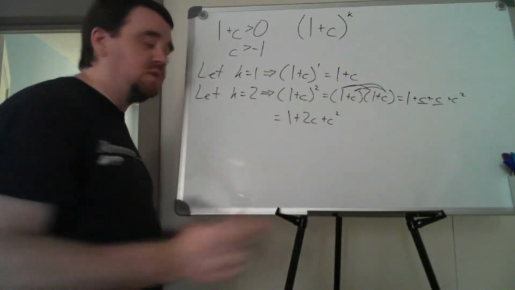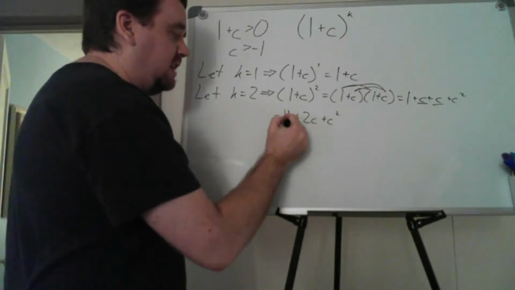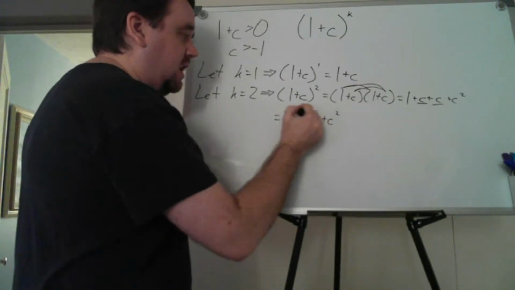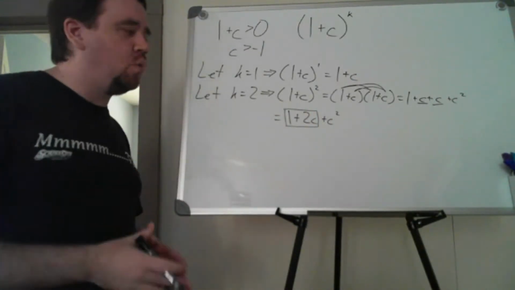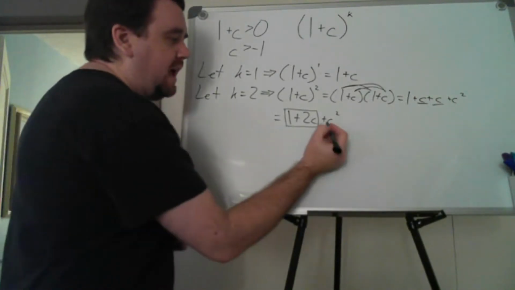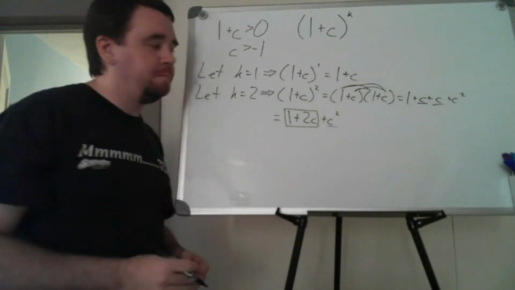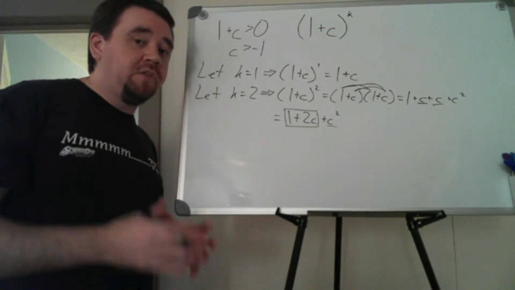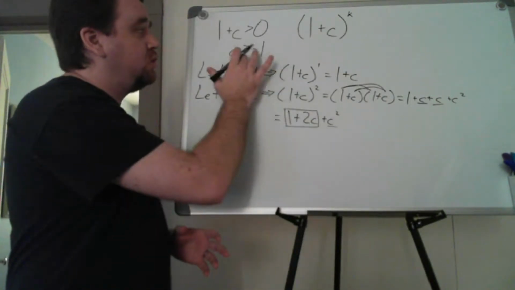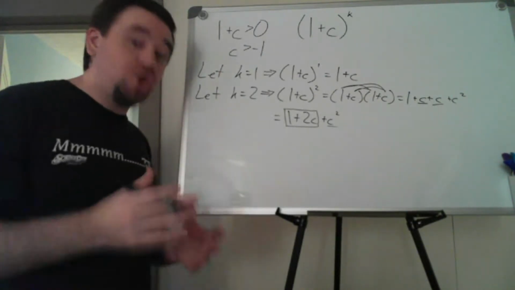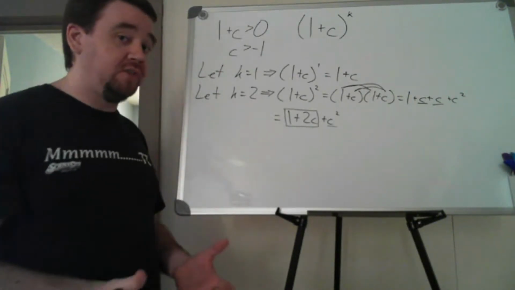And now what I'm going to do is set this aside in my mind, and I want to know what's being done to this portion. What's being done to 1 plus 2c? Well, I'm adding c squared. And we can say something about c squared for sure, because we know that c has to be greater than -1, which means it could be negative or it could be positive.